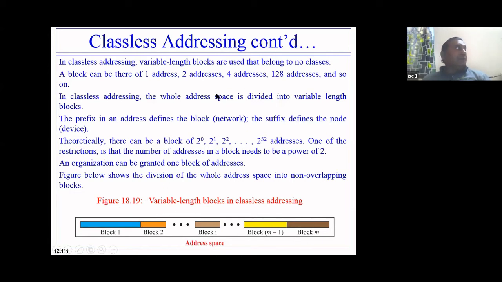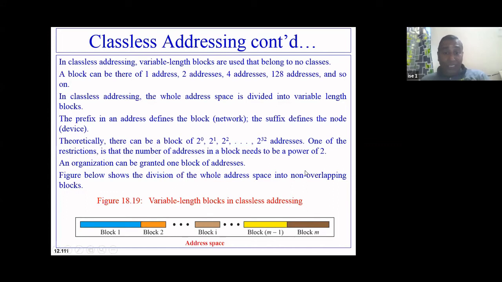But here the number of addresses in a block needs to be a power of 2. It can be a 1-bit address, or a 2-bit address, or a 4-bit address, or an 8-bit address, up to 2 raised to the power 32. So this needs to be a power of 2, this needs to be a power of 2, and this also needs to be a power of 2.